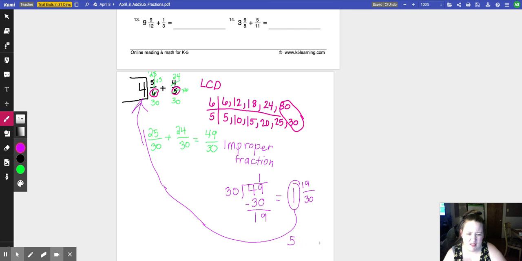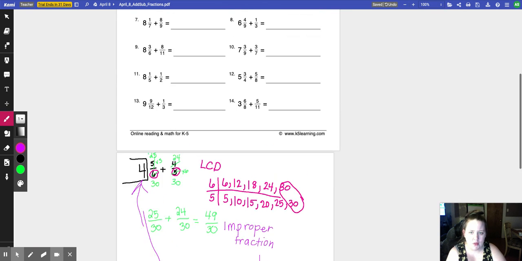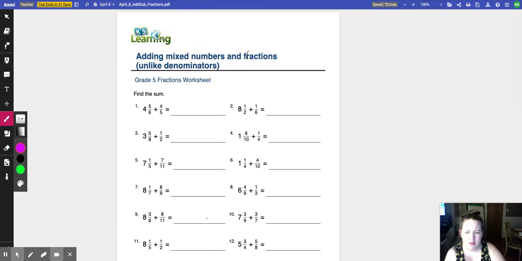Okay, and I'm just going to drop my fraction down. 19 thirtieths. And my answer is 5 and 19 thirtieths. So I can go back up to the top and I can write my answer. 5 and 19 thirtieths.